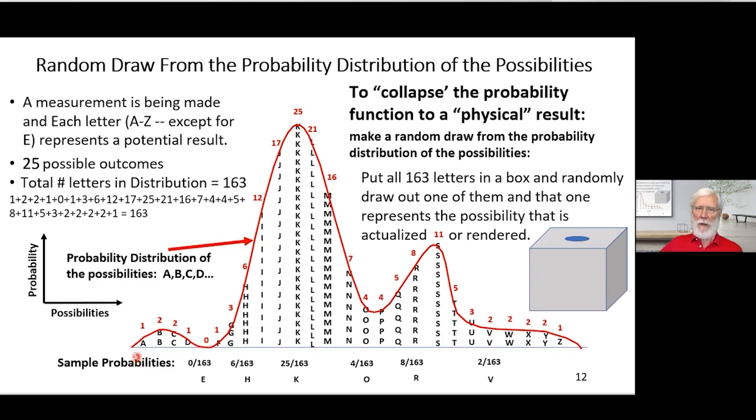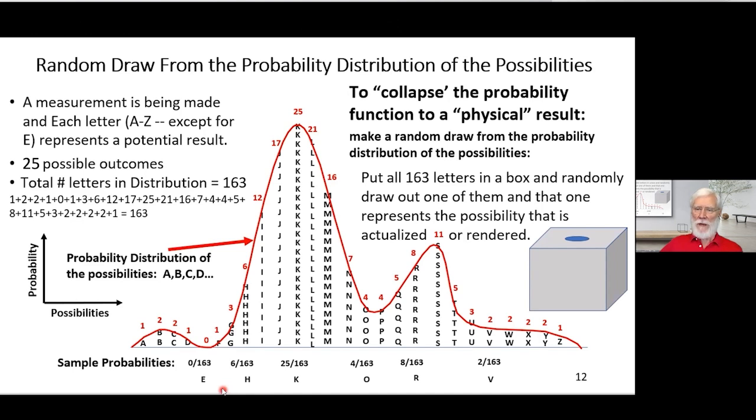Now, the random draw means that if we put 1 A, 2 Bs, 2 Cs, 1 D, no Es, 1 F, 3 Gs, 6 Hs, 12 Is, and so on, if we put all of those into the box, okay, so K has 25, we'll put 25 cards with K written on it in that box. When we're done, there'll be 163 cards in there, each with a letter on them. Okay, 163, that's all the letters that I have here under this curve, from A to Z.